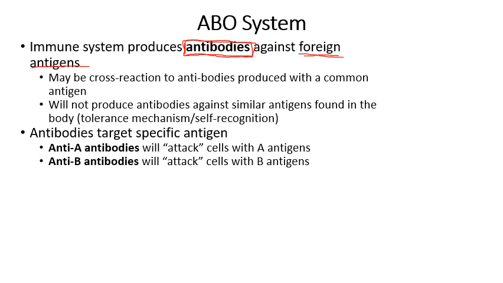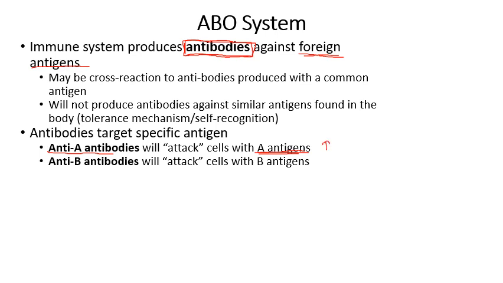Get antibodies produced with a common antigen. So this is if a person has A blood, your body knows you have the A antigen, so it will not make antibodies against A. You will not have A antibodies, but you don't have the B antigen, so you can make B antibodies.